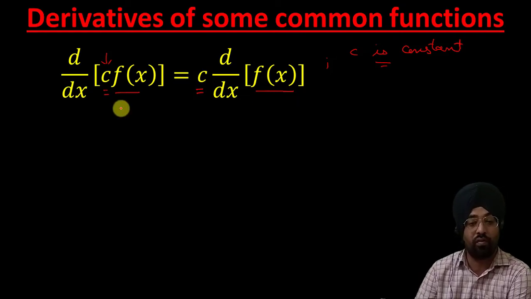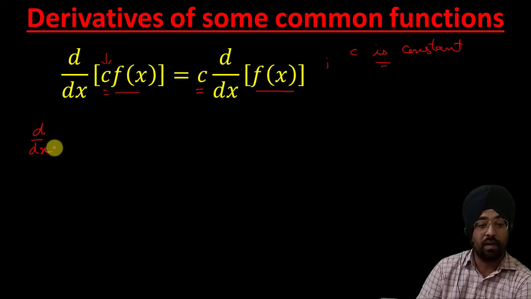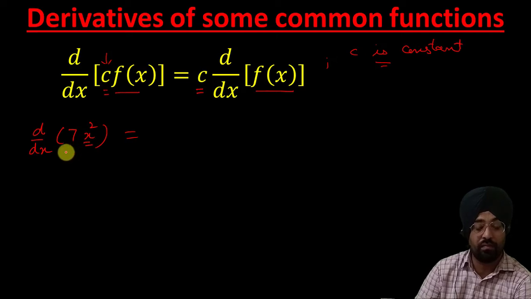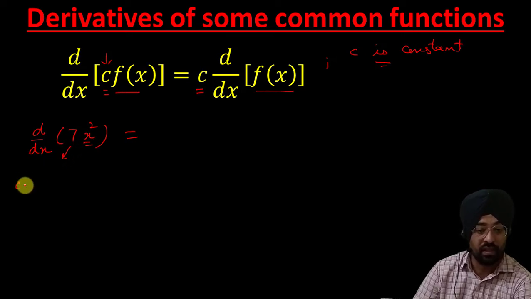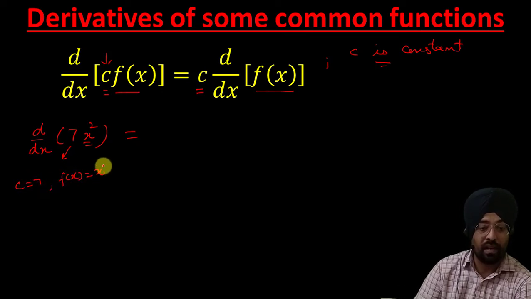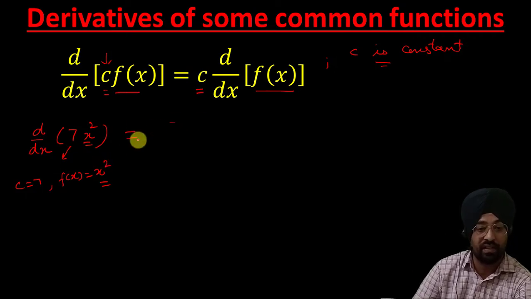Now let us try to do one or two examples. Suppose we have to calculate d by dx of 7x square. Now x square is a function which is multiplied by a constant 7. So applying this formula, here c is 7, f(x) is x square. So 7 will come out of the differentiation, 7 d by dx of x square.